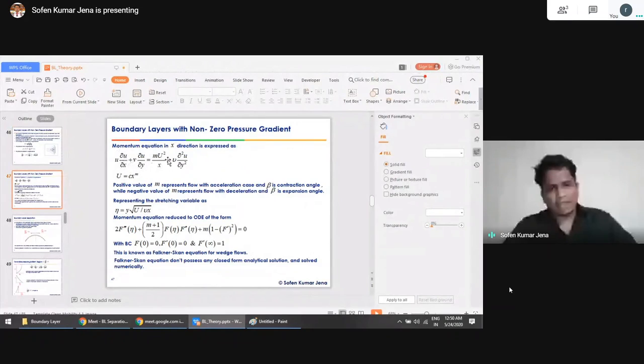Here u and v are functions of x and y. So now instead of u, we convert it into f double dash, as we did already in the similarity transformation.